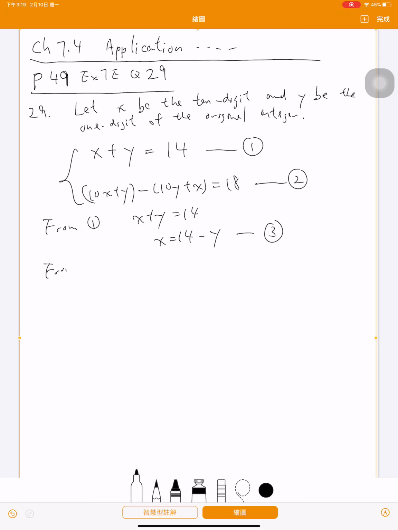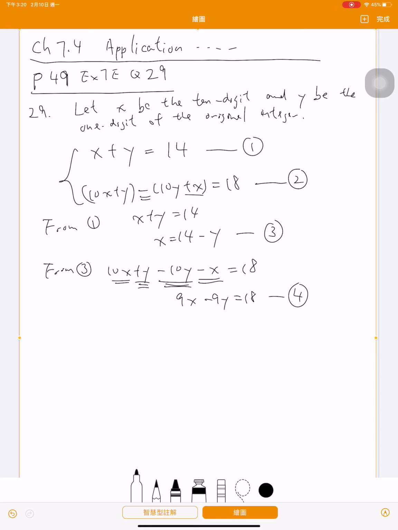So I simplify first: 10x plus y minus 10y minus x, remember it is minus x, is equal to 18. So simplify, we get 10x minus x is 9x, plus y minus 10y is minus 9y, is 18. I call this equation 4.